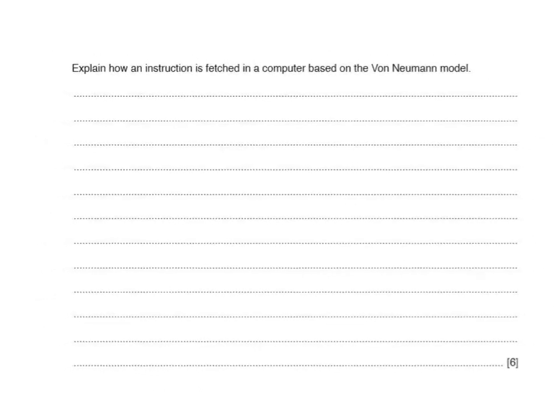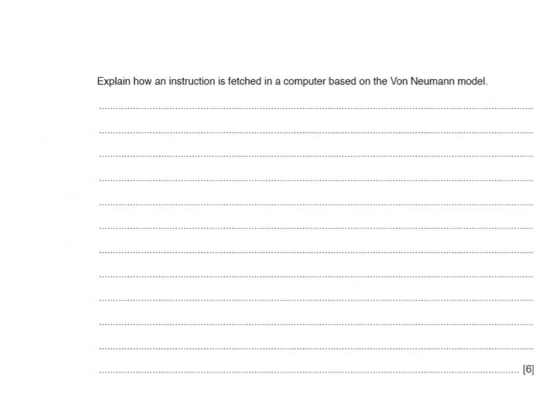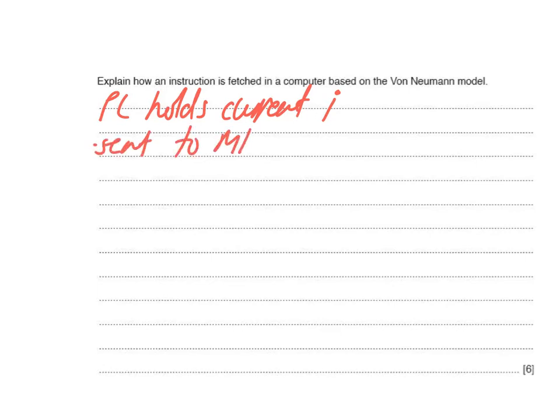Let's see, explain how an instruction is fetched based on the von Neumann model. So that's basically us explaining the answer we did earlier. So we've got the PC holds the current instruction. I'll just be lazy when I write this. That's then sent to MAR.